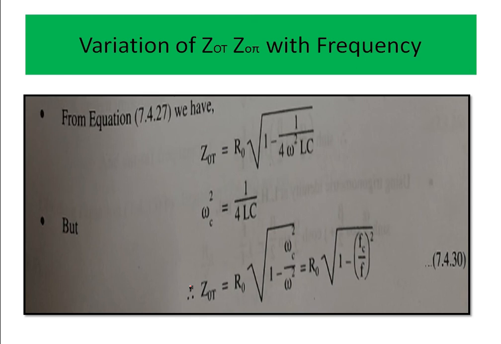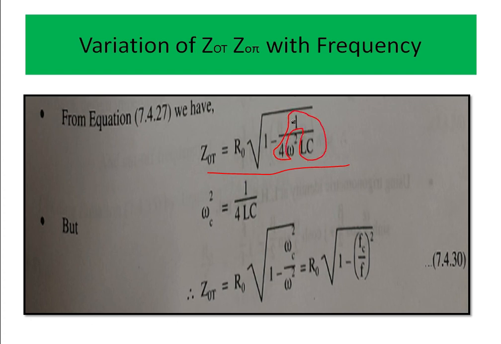Then the variation of the ZOT and ZO pi with the frequency. We know that ZOT is equal to R0 square root of 1 minus 4 omega square LC, and omega c square is equal to 1 upon 4 LC.